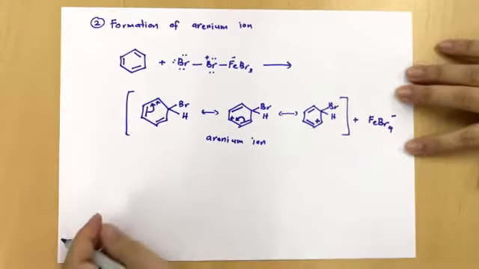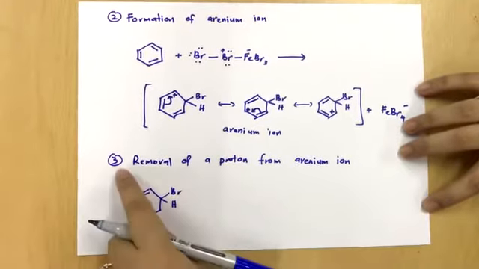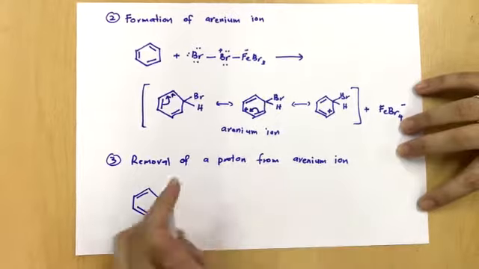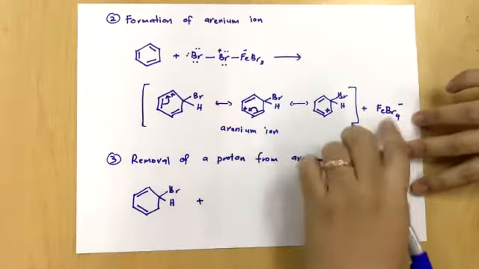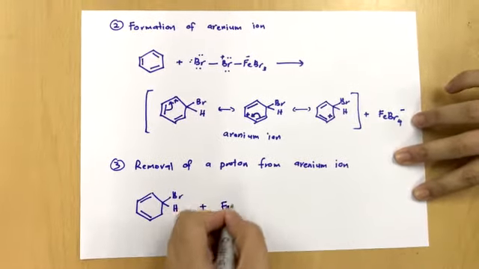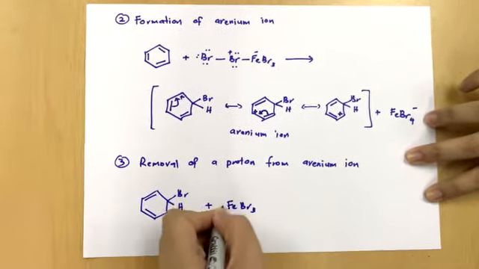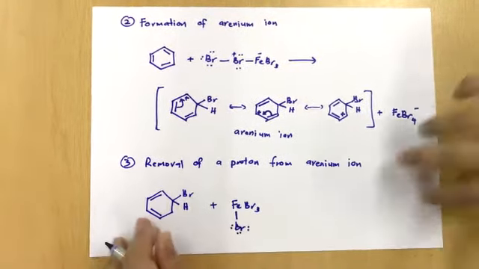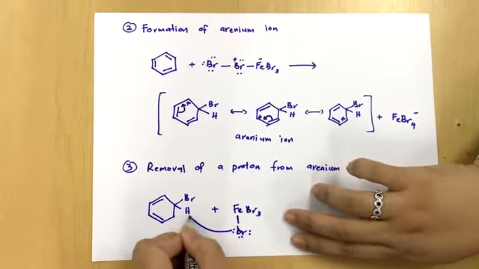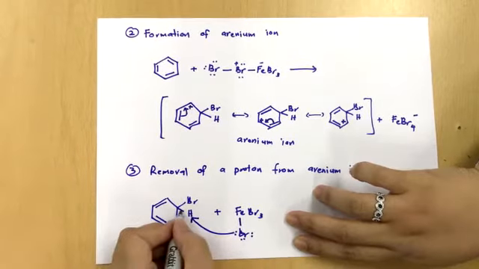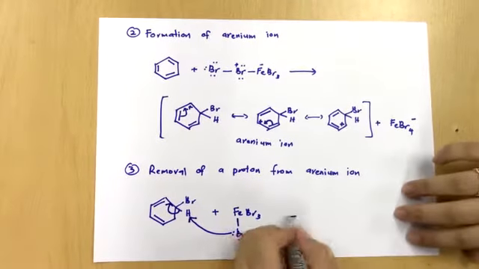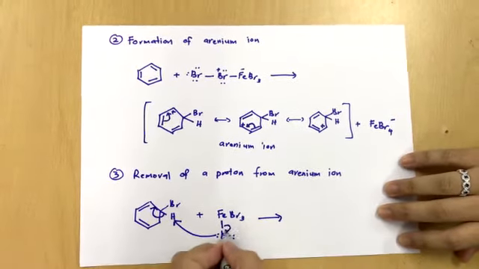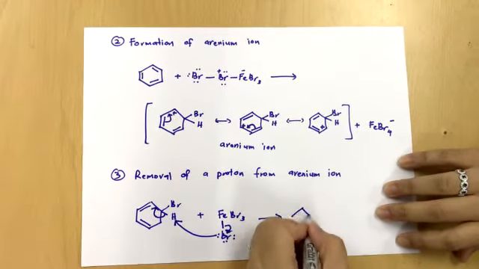And lastly with FeBr4 minus. Lastly is the removal of a proton from arenium ion. So the nucleophile here is FeBr4 minus.